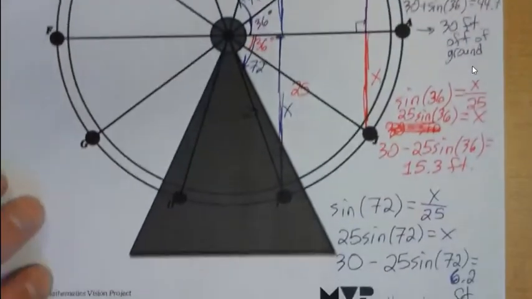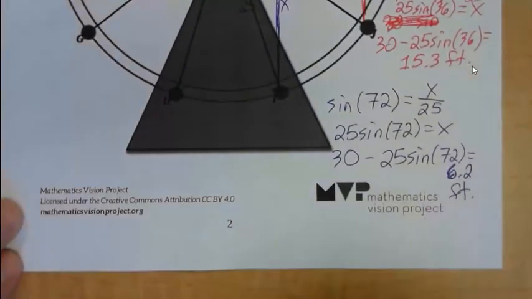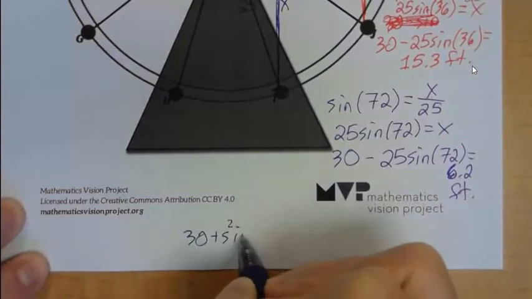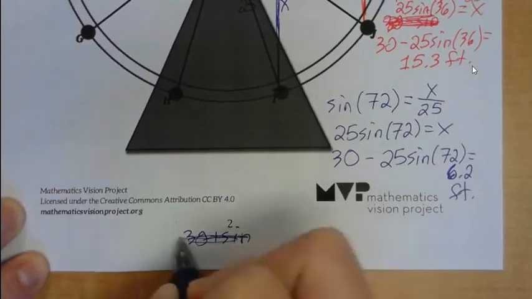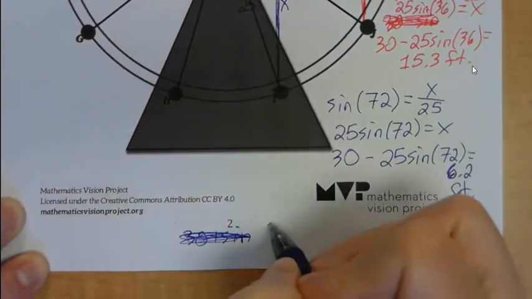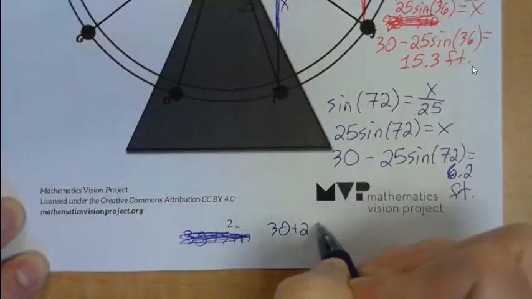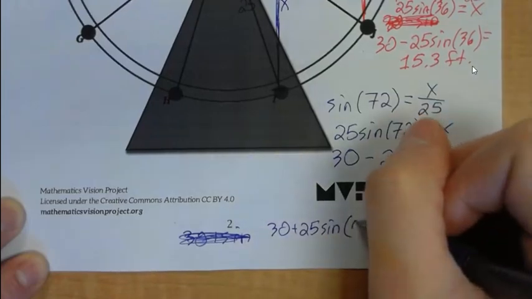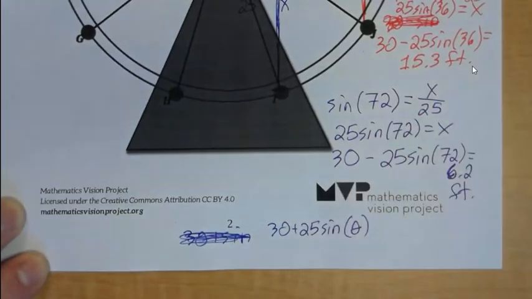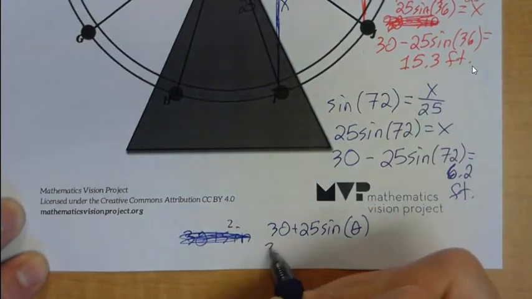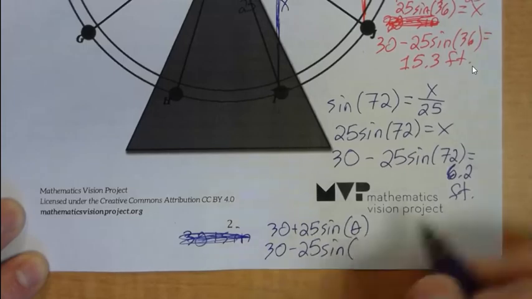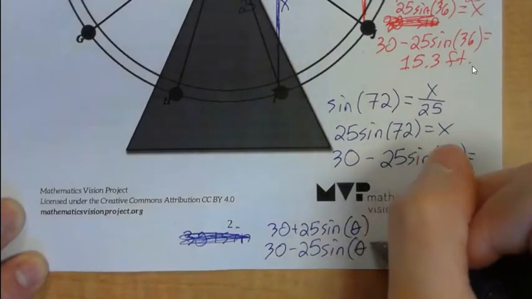So we could summarize that on the bottom. We are doing 30 plus 25 sine of theta, where theta is an unknown angle variable, or we are doing 30 minus 25 sine of that angle.